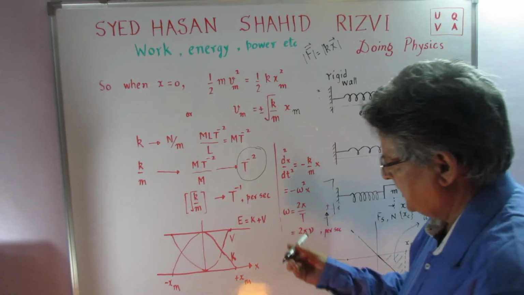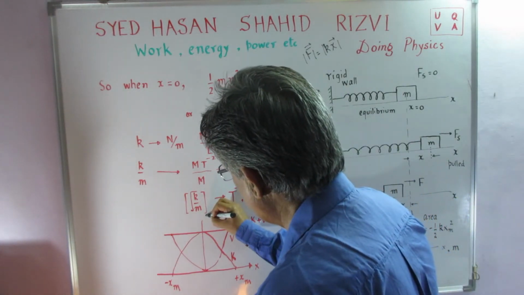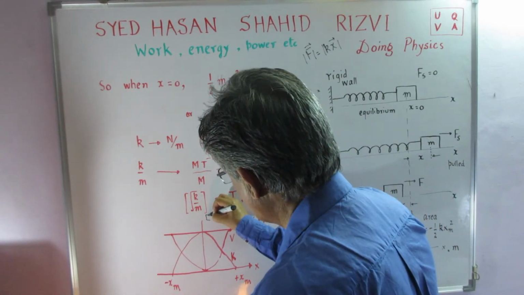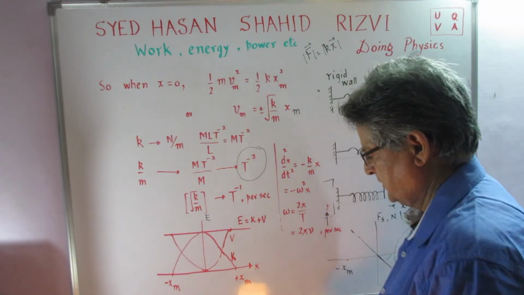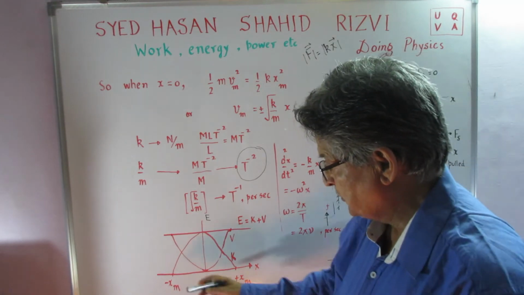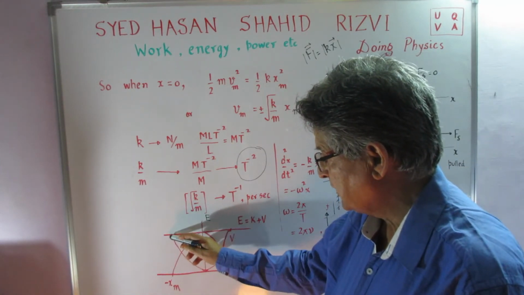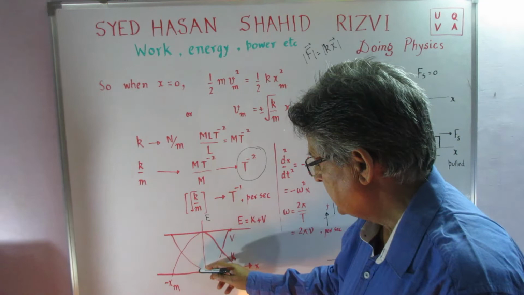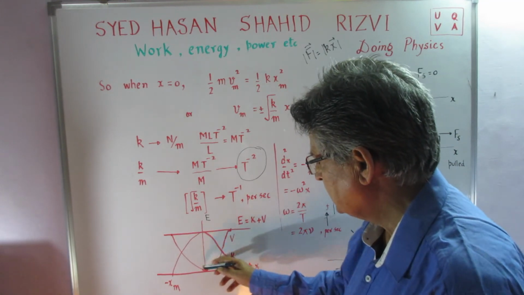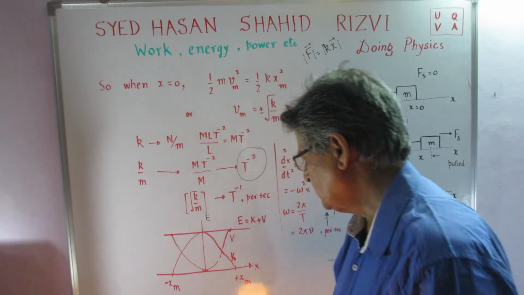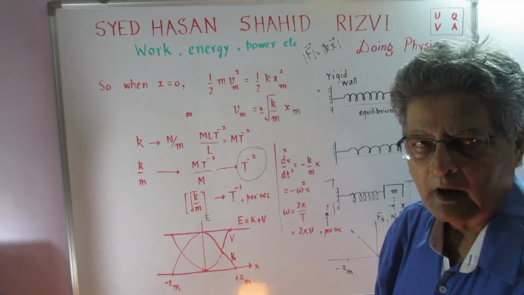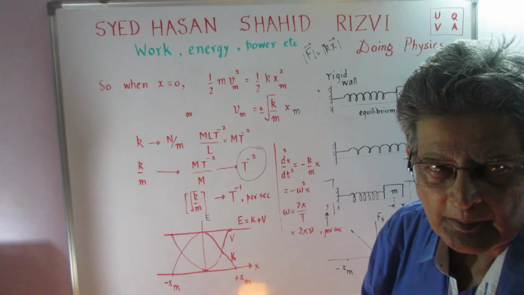Now here is the plot of energy versus x. If I plot from the position of minus xm, when the potential energy is maximum, down to this and again like this, the nature of this graph appears to be that of a parabola.